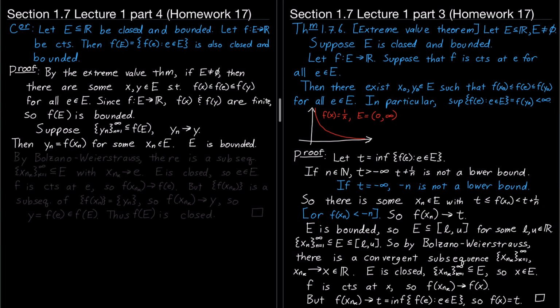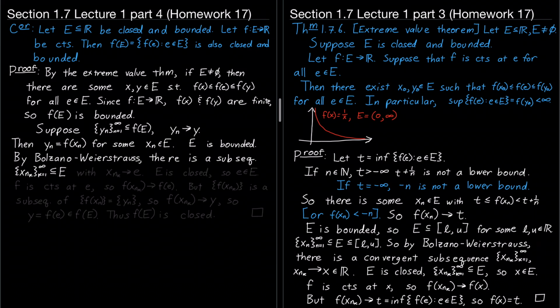So by Bolzano-Weierstrass, there is a subsequence, let's write that x_{n_k}, k equals 1 to infinity.